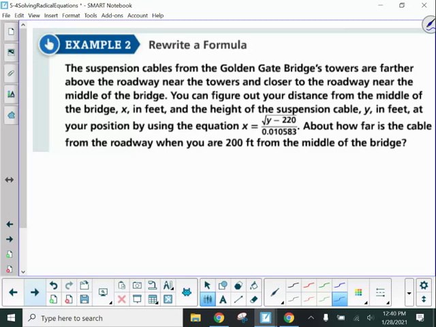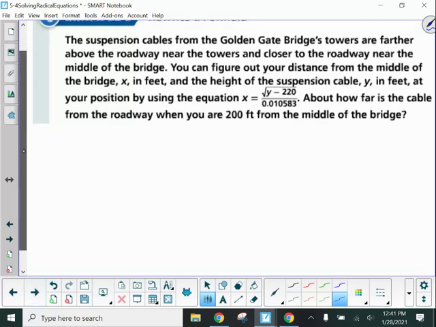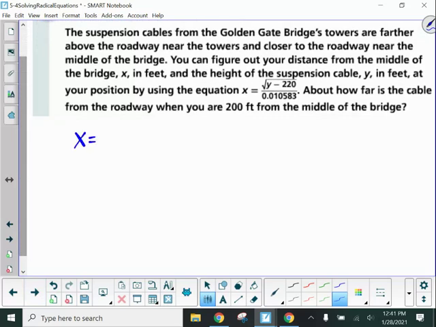There are equations on your homework where they won't give you a number to plug in for x; they just want you to get y by itself. So that's what I'm going to go over first: how to rewrite this equation so that it's y equals instead of x equals.